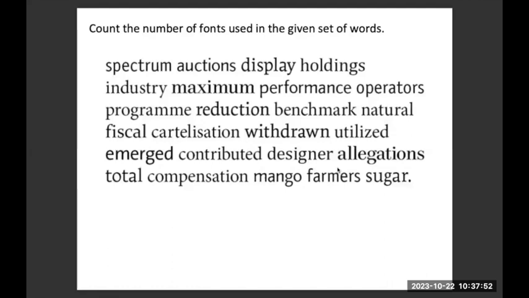Here you have to count the number of fonts which are different. We have done this earlier. I know I got confused in that previous question. This is even more confusing because the fonts look extremely similar. So try answering it on your own, and meanwhile I'll try working it out here. I'm going to point out fonts which are similar with the same color.